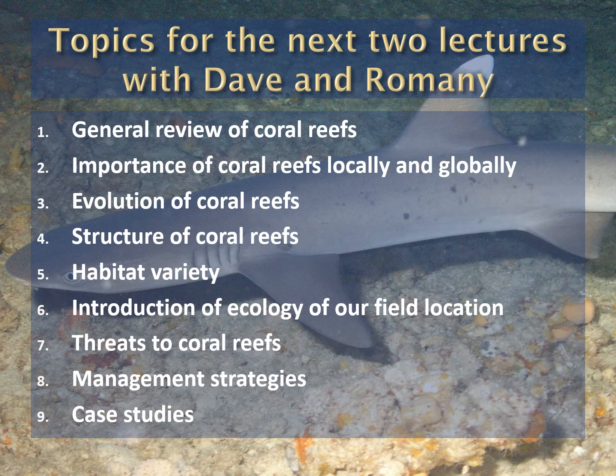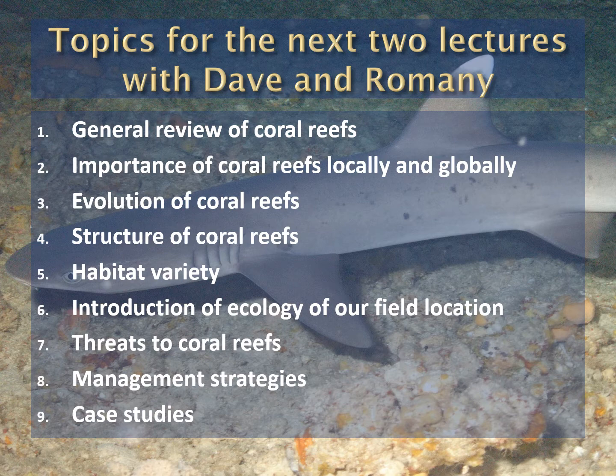All right, so for the next 2 lectures, here's how the structure is going to go. Generally, we're doing a general review of coral reefs, and we're going to talk a little bit about how important they are locally and globally in terms of food for humans, as well as primary production and overall biomass production that feeds the local inhabitants, the flora and fauna, and globally as well, because these things are widespread throughout the tropics and contribute massively to the primary production of the whole marine ecosystem.